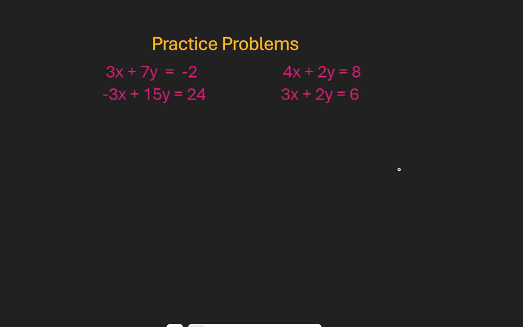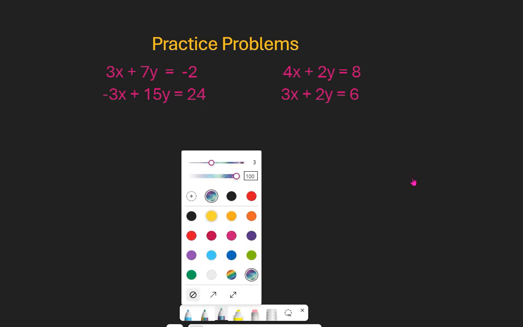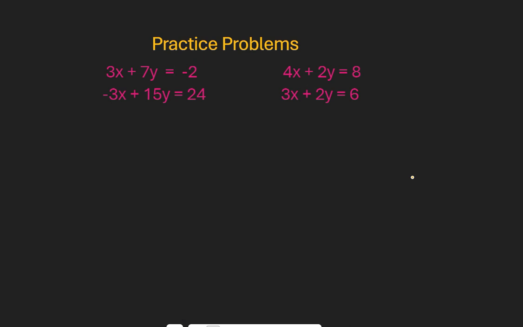All right, how'd you do? I'm going to go through these really quick to check our answers. In the first one, I have a +3x and a -3x, everything's lined up, everything's perfect, ready to go. So I know exactly what I'm going to do.